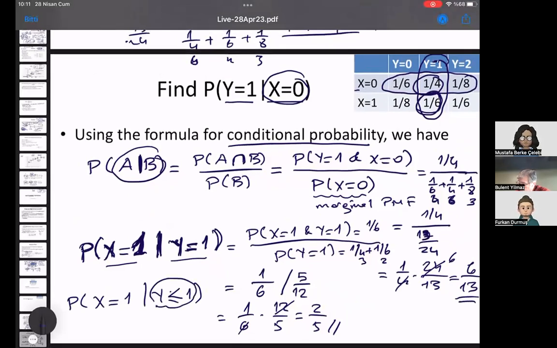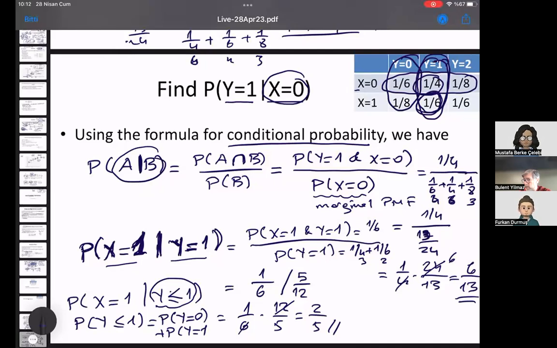I'm gonna focus on this one, probability of y less than or equal to 1. Then I'm gonna say it is probability of y equals 0 plus probability of y equals 1. So I'm gonna add these two columns, okay?